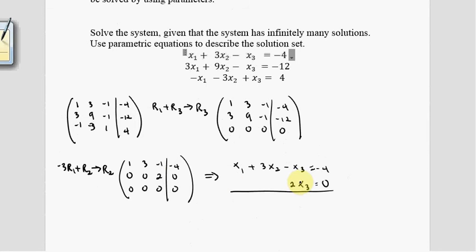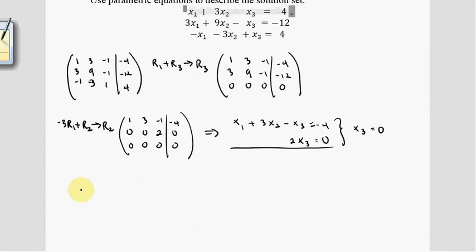It's 0, right? So here, this implies that x sub 3 is 0. So if x sub 3 is 0, then all I have is x sub 1 plus 3x sub 2 minus 0, right, is equal to negative 4. That is to say, this is x sub 1 plus 3x sub 2 is equal to negative 4.